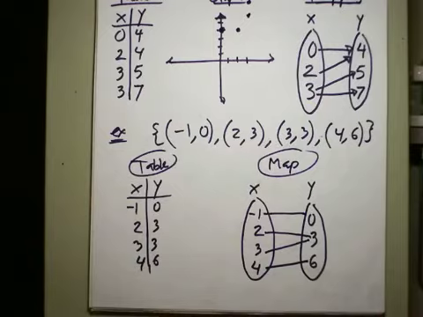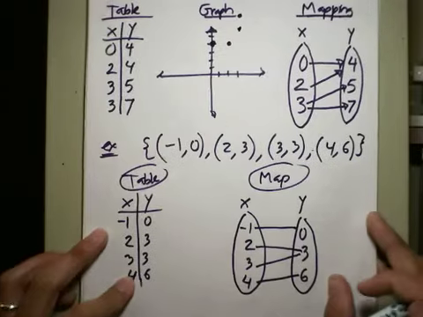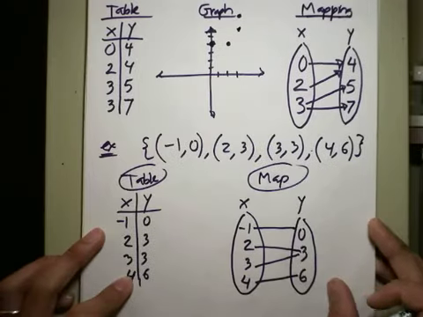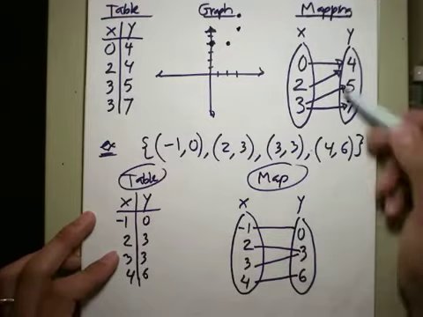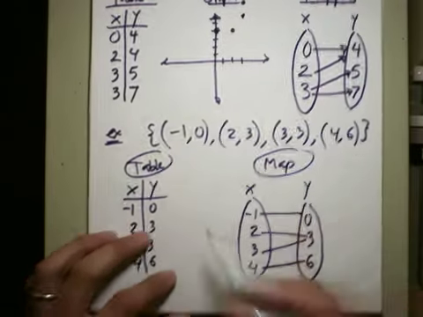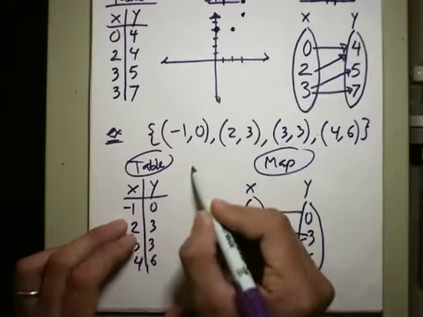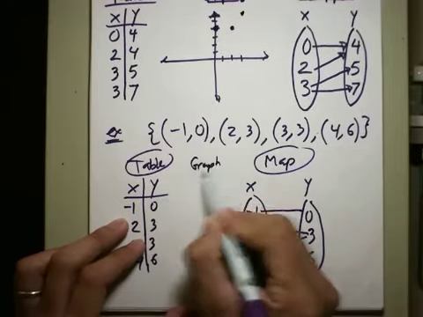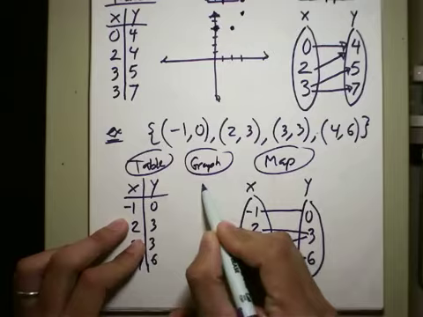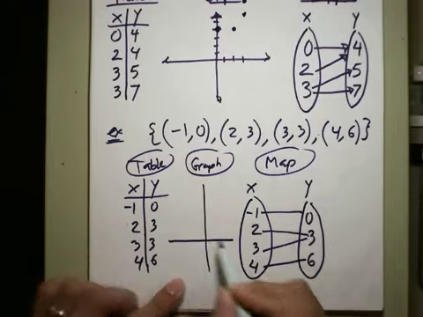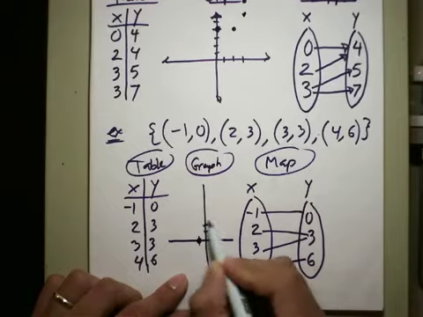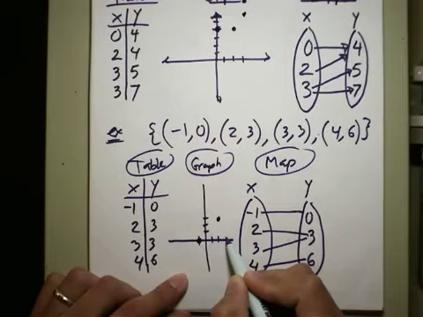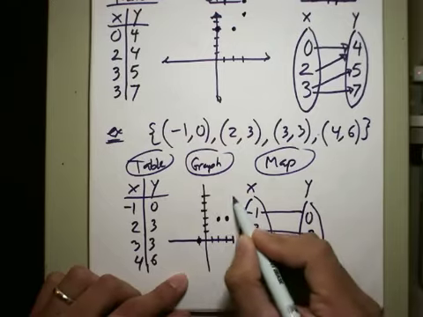Okay. I'm actually preparing for the next lesson anyway, so I want you to go ahead and compare the two very, very carefully. If I'm going to be doing a graph, might as well do a graph for you here too. Let's just kind of squeeze this in. Negative 1, 0 is right here, 2, 3, 3, 3, and 4, 6 right there.